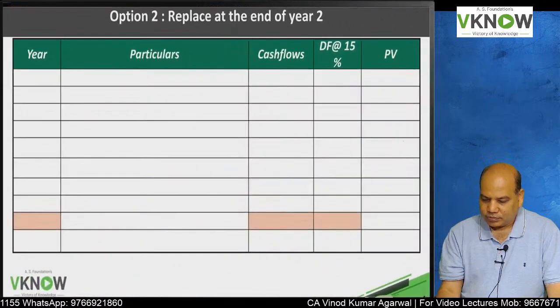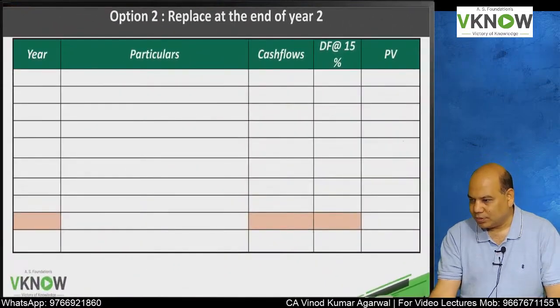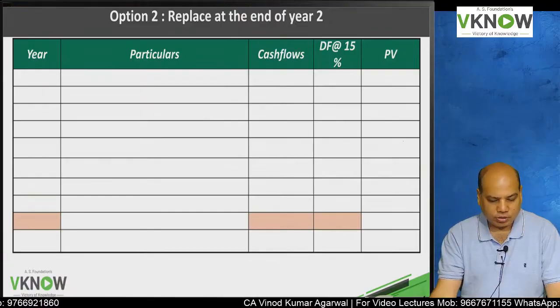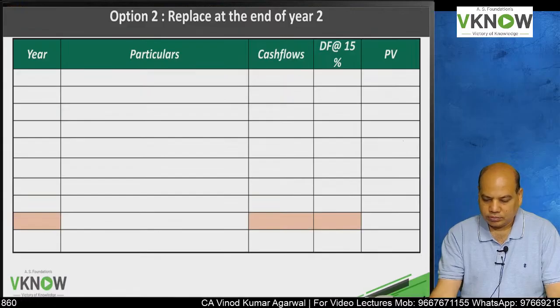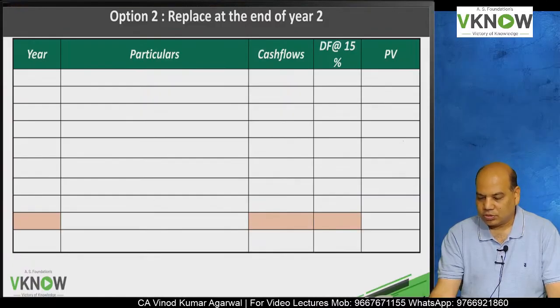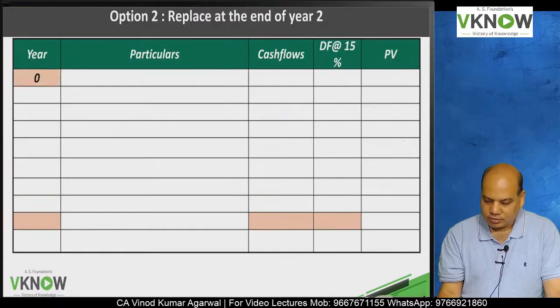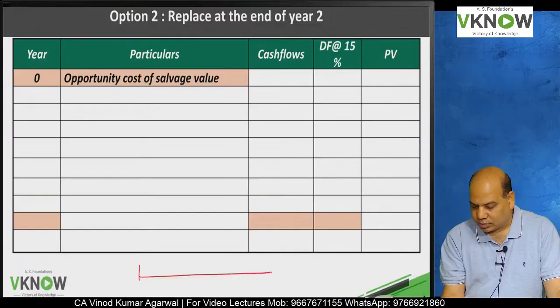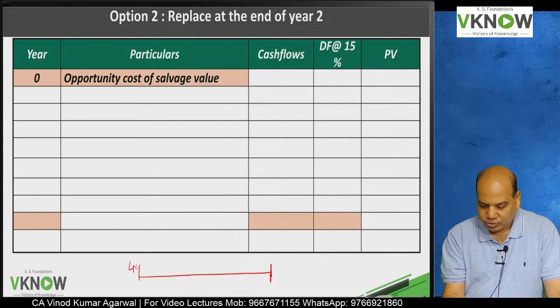Now write down option 2, replace at the end of year 2. Under that write down year, particulars, cash flows, discounting factor, present value. Again you treat it like this only. Suppose you buy an asset for 40,000.